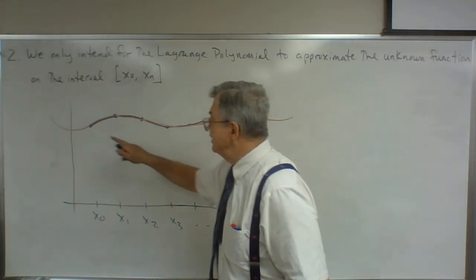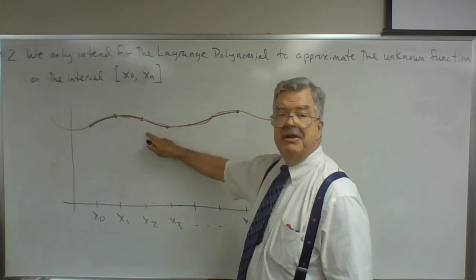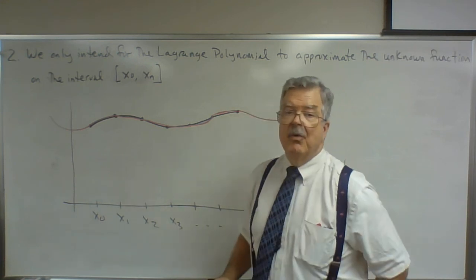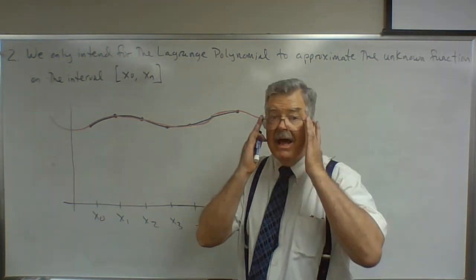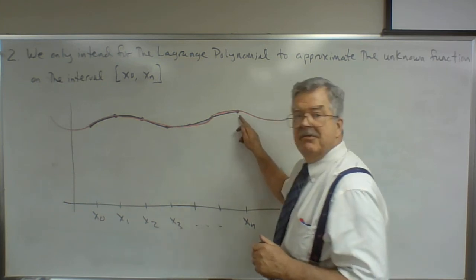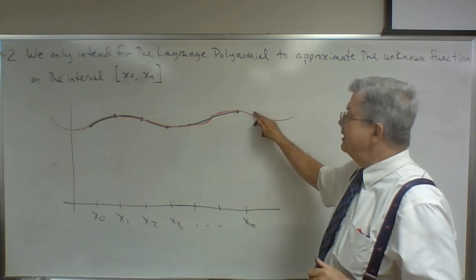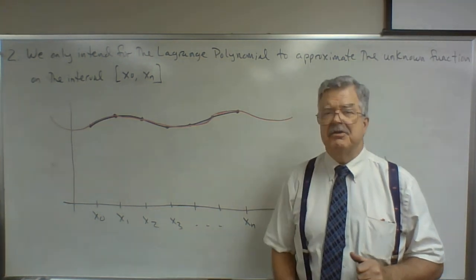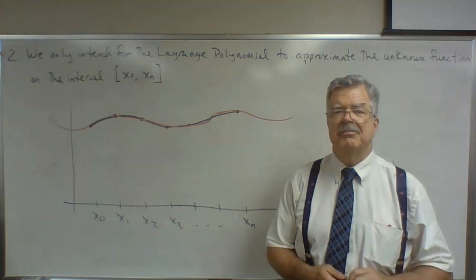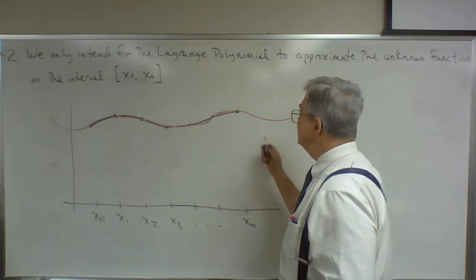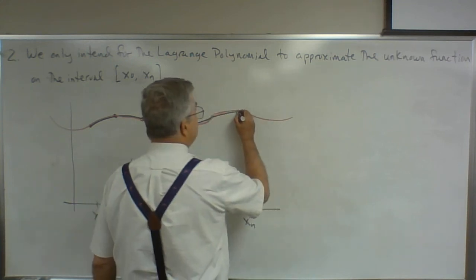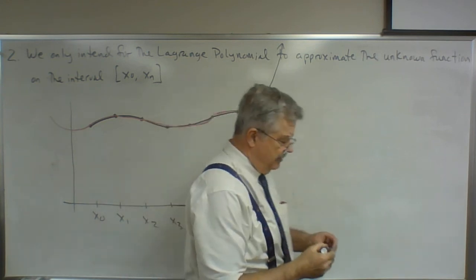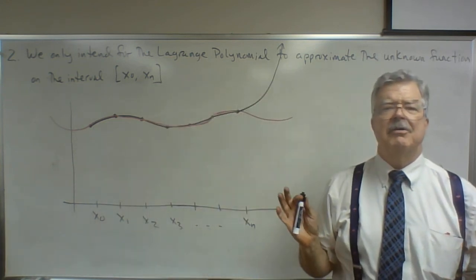Well, between x0 and xn, the data points are forcing this polynomial to conform to the y values of the data points. But outside of this interval, there's nothing constraining the Lagrange polynomial. It's a polynomial of degree n, lead coefficient is positive, and as n goes to infinity, very quickly, this polynomial is going to take off to infinity like the proverbial bat out of hell.